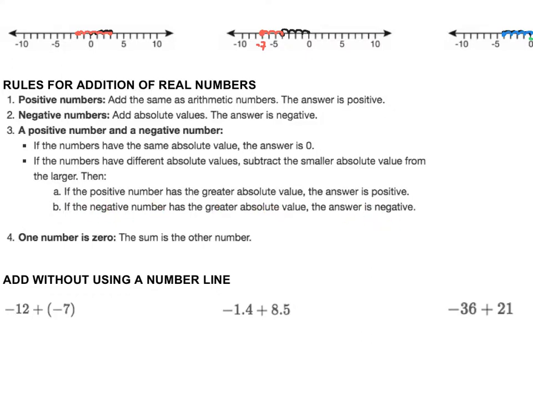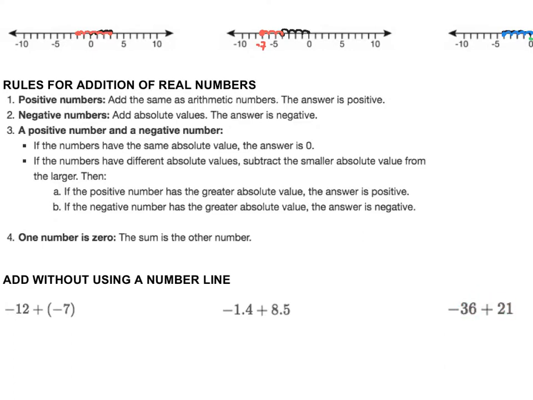Let's look at this. This is an example here where the negative number has a larger absolute value. If you think of just the number 36, disregard the negative, that's going to be larger than 21. Because the absolute value of this number, 36, is bigger than 21 and it's negative, that means your answer is going to be negative.